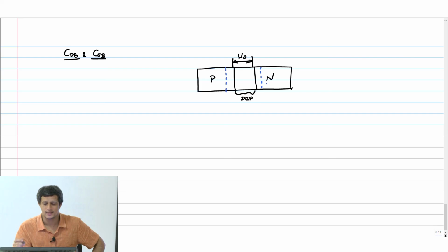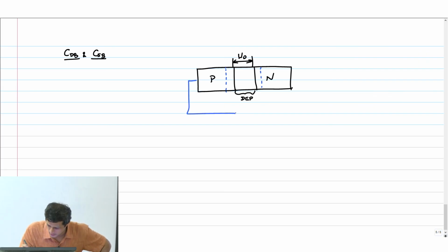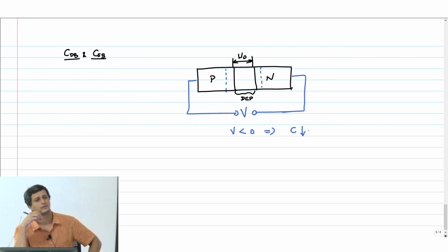So the key thing is that it is a function of the applied voltage also. If this is my applied voltage V, then if V is less than 0, it implies capacitance also decreases because the depletion region goes farther and therefore it comes down.